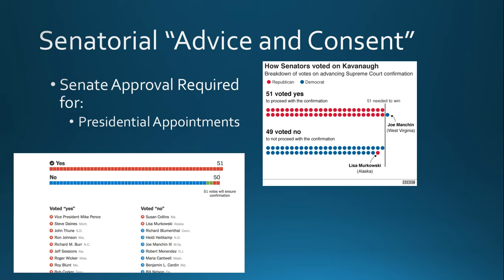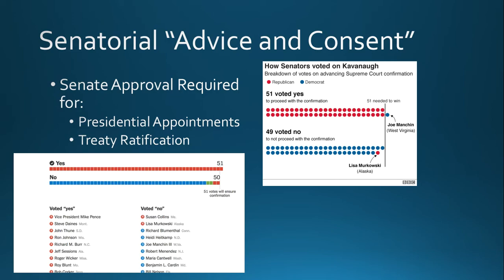The other big vote or presidential action that requires Senate advice and consent, just showed up on the screen, is treaty ratification. Article 2 of the Constitution says that the president alone has the authority to negotiate treaties with foreign nations, but whatever treaty is negotiated by the president, before it can be enacted and have the force of law in the United States, and in effect for the president or the United States to be a full signatory to the treaty, it must receive the advice and consent, the ratification of 2/3 of the U.S. Senate.